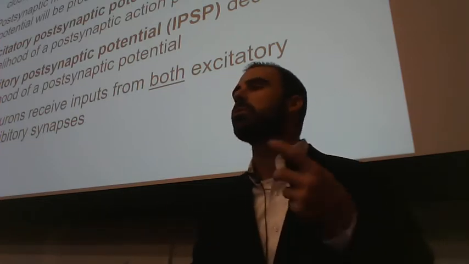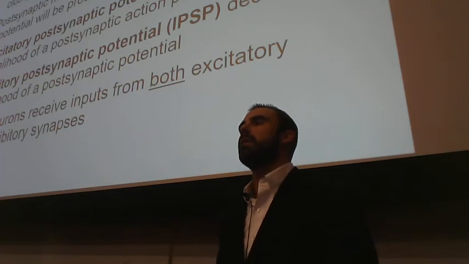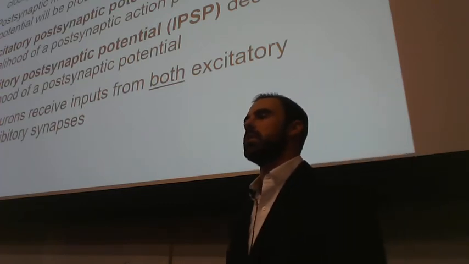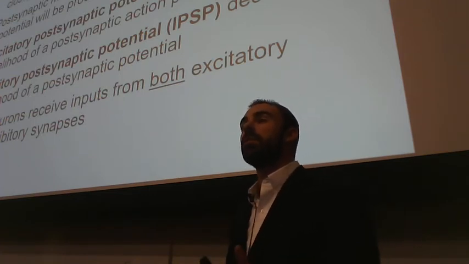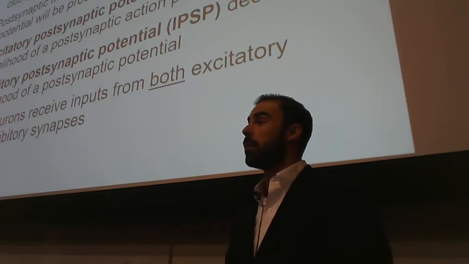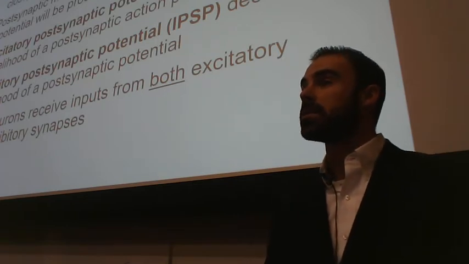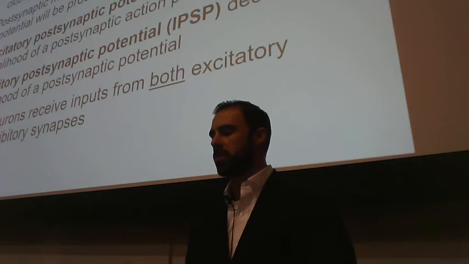So be familiar with these types of abbreviations and know the chemicals and the ions that can be involved in leading to both EPSPs and IPSPs, that is GABA and chloride ions, glutamate, things like that, okay? Glutamate for excitatory postsynaptic potentials, perhaps influxing with some sodium ions. We have the chloride ions leading to inhibitory postsynaptic potentials, okay?